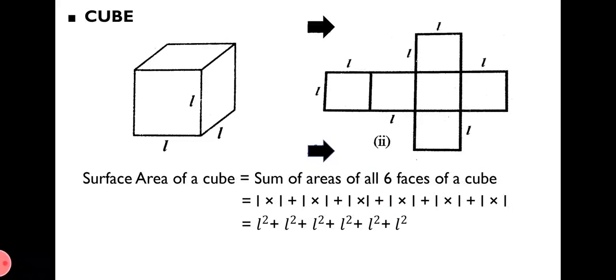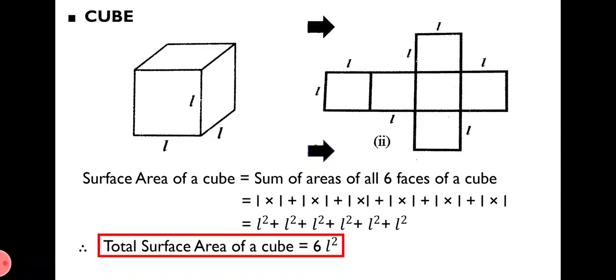Here you can see it is L square 6 times, so we will get 6L square. Therefore total surface area of a cube equals 6L square. This is the formula to find out the total surface area of a cube.